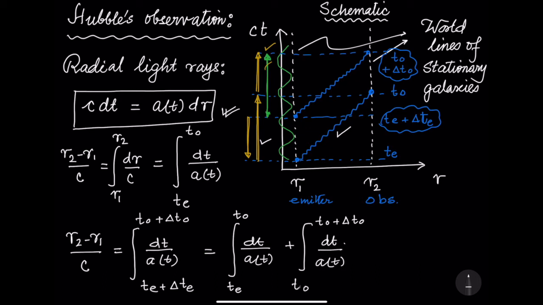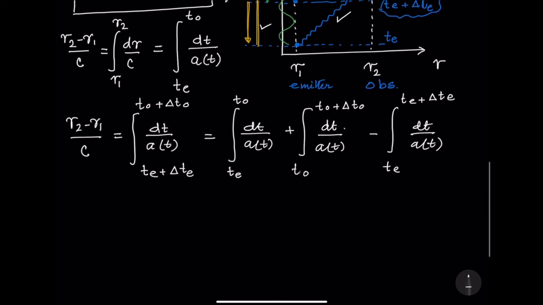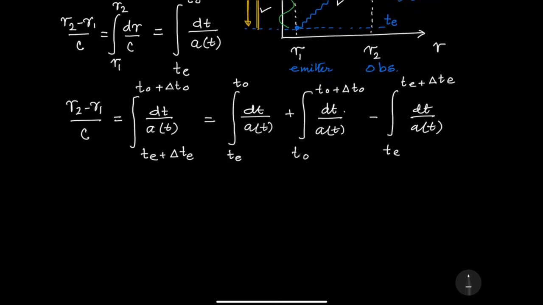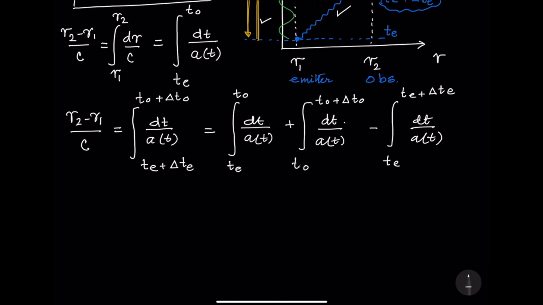And then I have to subtract this, which is T emitted to T emitted plus delta T emitted. Okay. So I have these two equations and the left hand side of these equations are the same, so I can equate them.